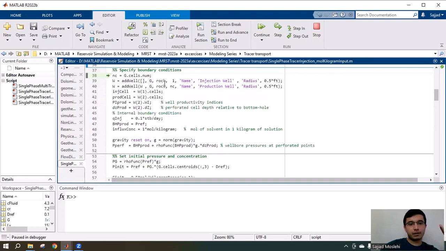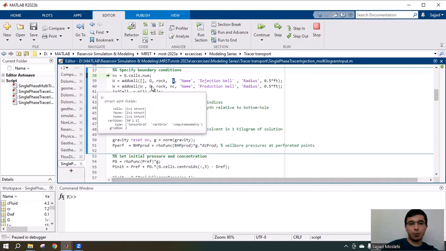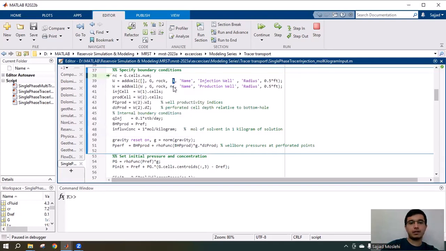I have an injection well in the leftmost grid block, whose index is 1, and I have a production well in the rightmost grid block, whose grid index is NC, which is actually the index of the last grid block of the model.